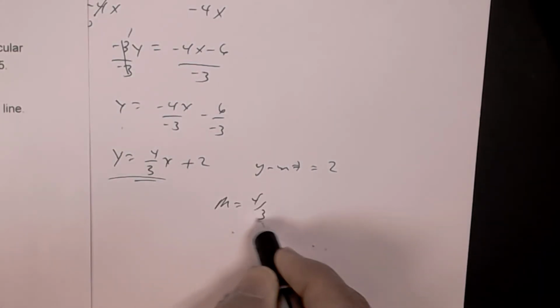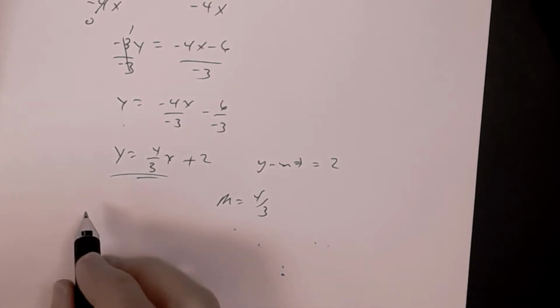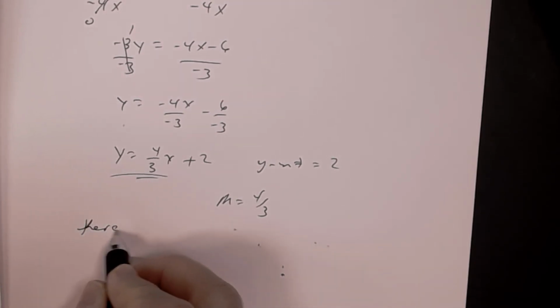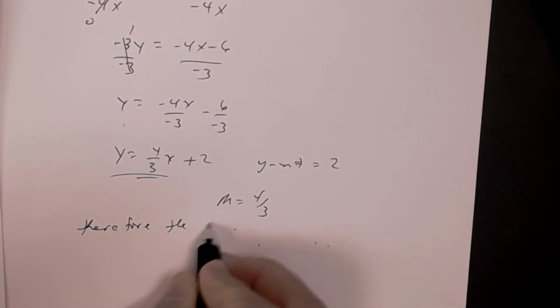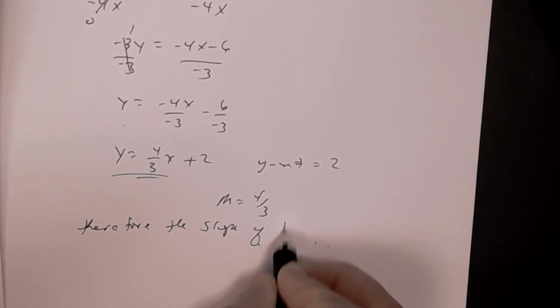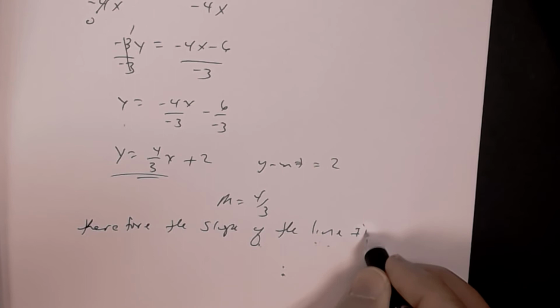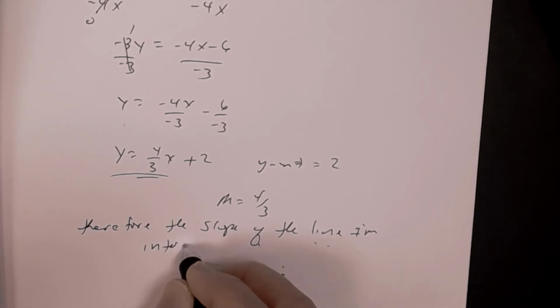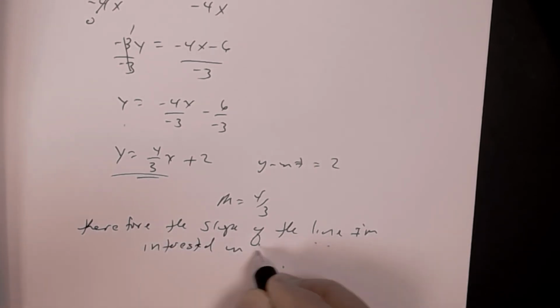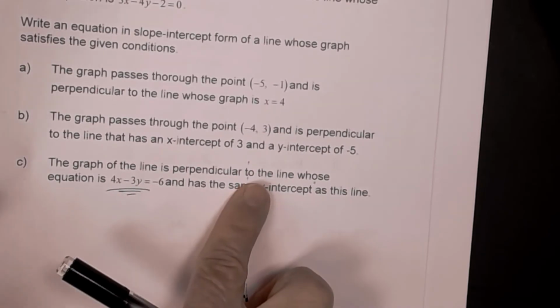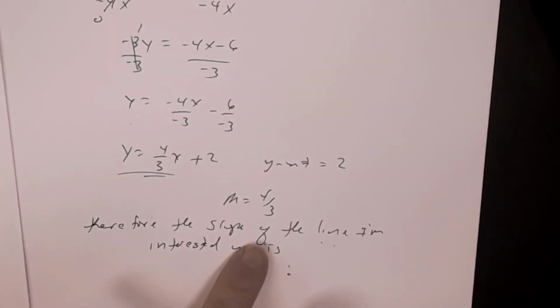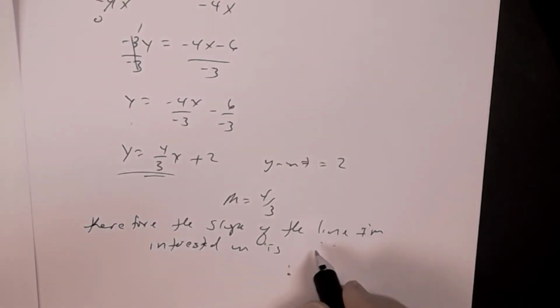The slope is 4/3. So therefore, the slope of the line I'm interested in is what? Remember, they're perpendicular. So if the slope of this line here is 4/3, then the slope of the line I'm interested in is negative 3/4.